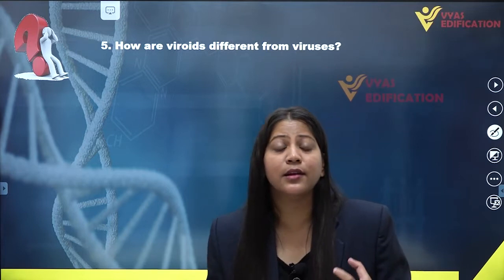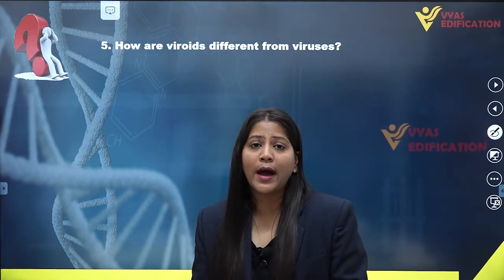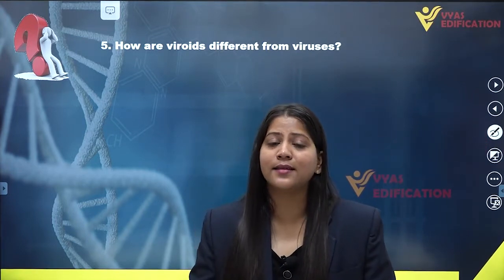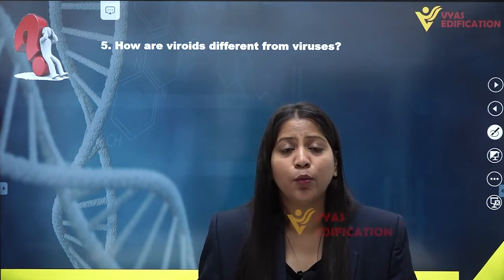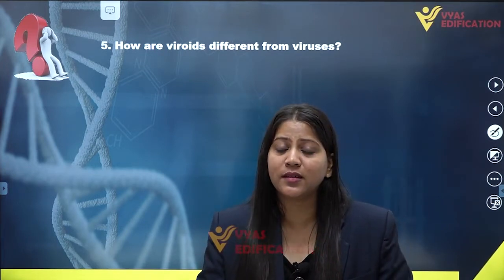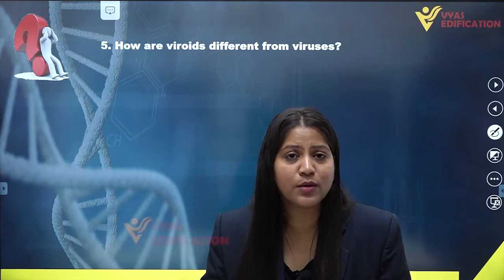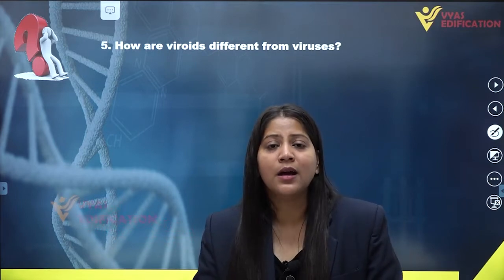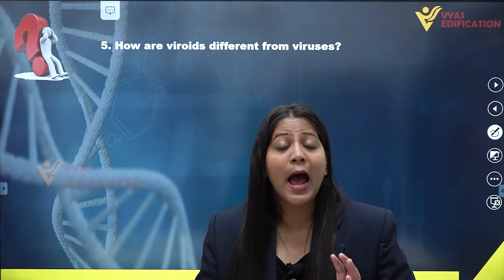They act as a living molecule. So viruses are not considered as living. Viruses are just nucleic acid molecules surrounded by a coat of protein, and they are infectious. If we talk about the sizes, viroids are smaller as compared to the viruses.